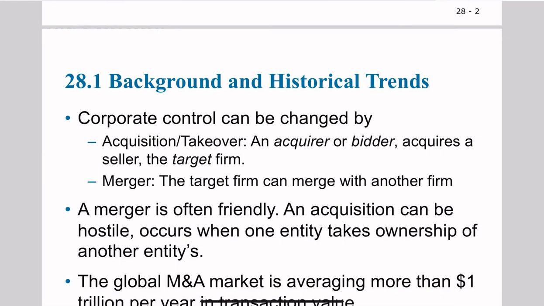Whenever there is a merger and acquisition, there is a change of corporate control. That is, who controls the firm will change. And if it's an acquisition, which is also called a takeover, then it means there is an acquirer or a bidder. It acquires a seller, and we call the seller the target firm. If it's a merger, then the target firm merges with another firm.